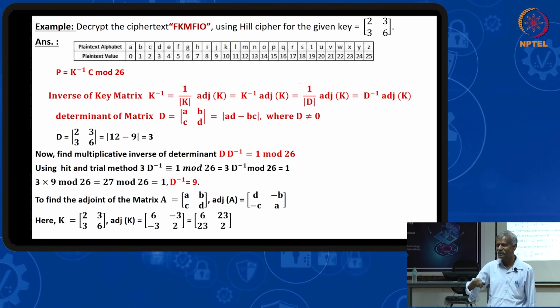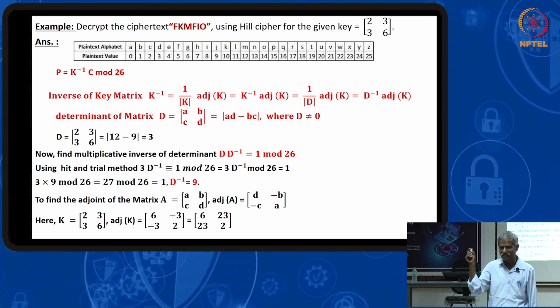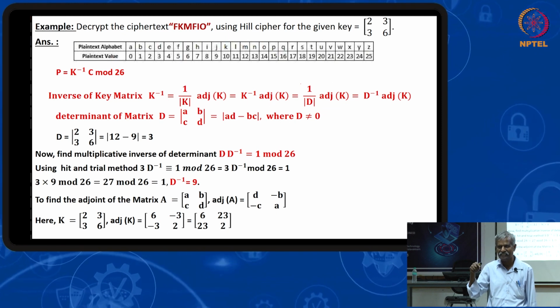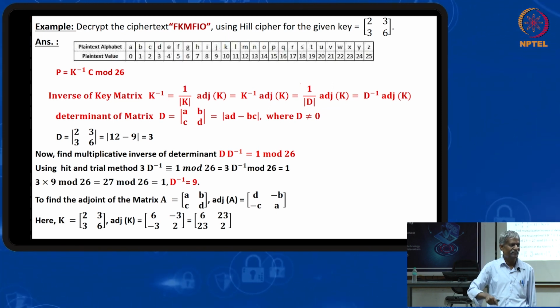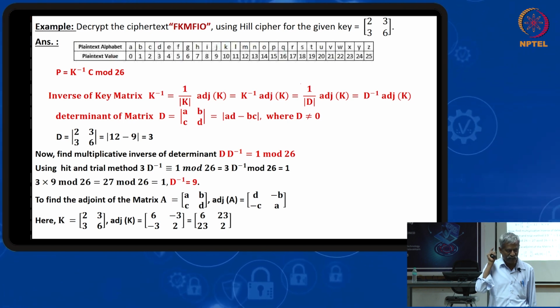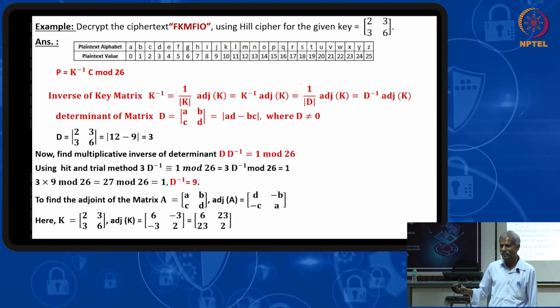Shall I divide and show, or does everybody understand? 27 divided by 26, what is the remainder? 1. Mod means remainder. So the remainder is 1. Therefore, the inverse of 3 in modulo 26 algebra is 9.